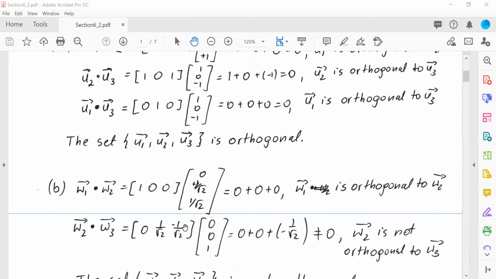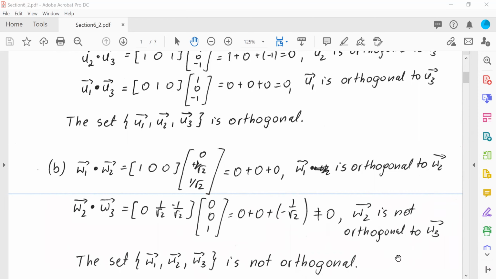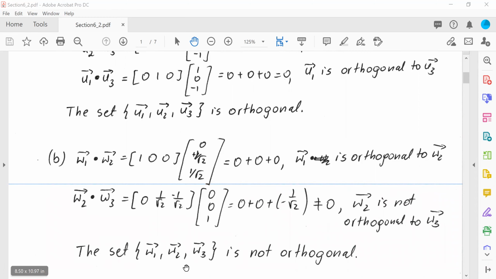But the last one, negative 1 over root 2 times 1 is negative 1 over root 2. So when I add them together, I will not get 0. So I can conclude that vector w2 is not orthogonal to w3. What that means is, if you find a pair of vectors that are not orthogonal to each other, you can conclude that the set is not orthogonal.